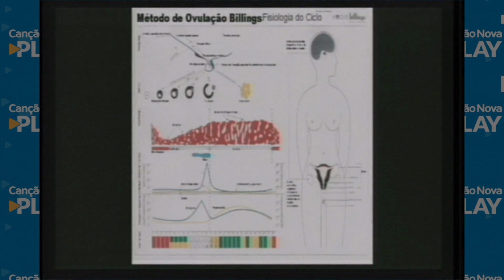The first part of that bleeding, before ovulation, is the proliferative stage, when the endometrium is building up because of the ovarian hormone estrogen.